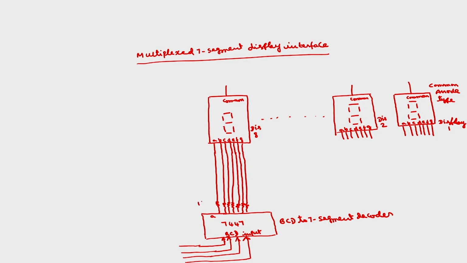These are all 150 ohm current limiting resistors. This is segment A, B, C, D, E, F, G.